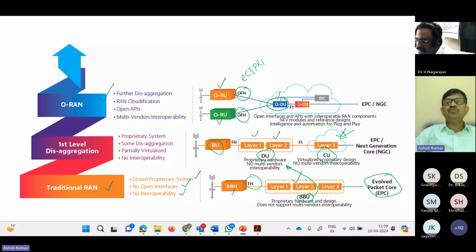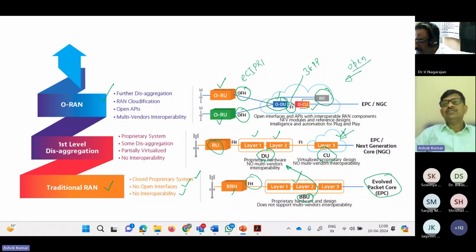And from ODU to OCU, there is an open interface called F1. This was defined by 3GPP. I'll talk about that. And then I have the open central unit. And I also have another component called RIC, Radio Intelligent Controller, some AI/ML related stuff coming as part of the radio itself. So the third one is Open RAN, where all the interfaces are open, the hardware is open, and it's a virtualized environment.